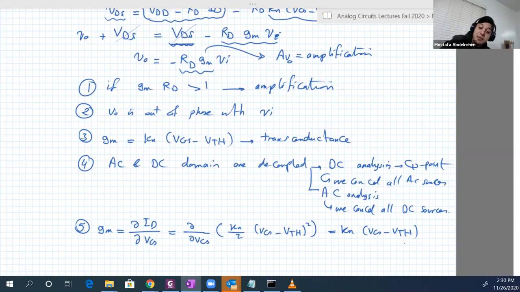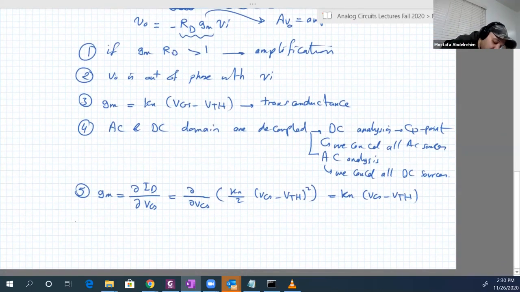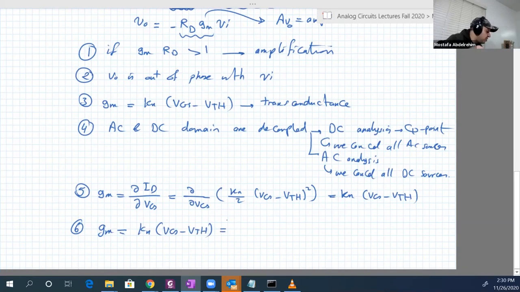gm usually has multiple forms, and of course all of them are equivalent. So gm till this moment is equal to Kn (VGS minus V threshold). It can be written as 2ID over (VGS minus V threshold). Also it can be equal to the square root of 2 ID Kn.